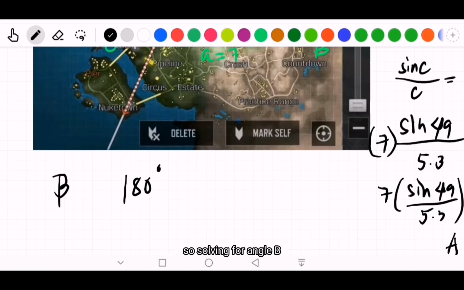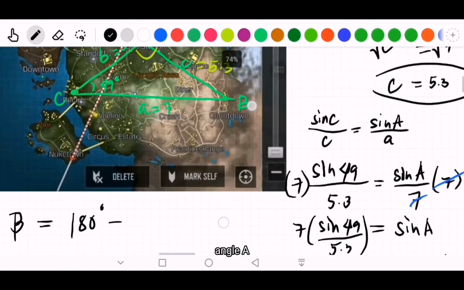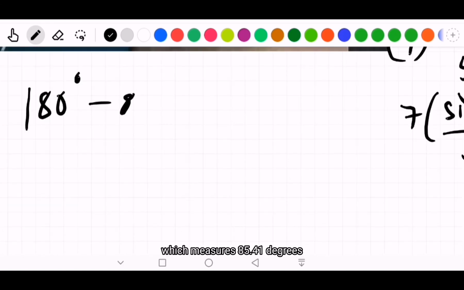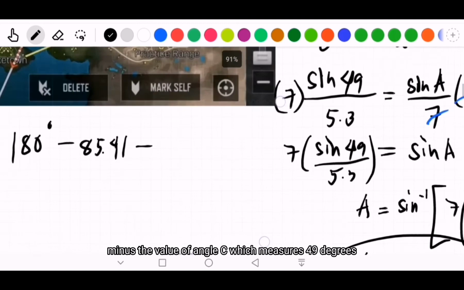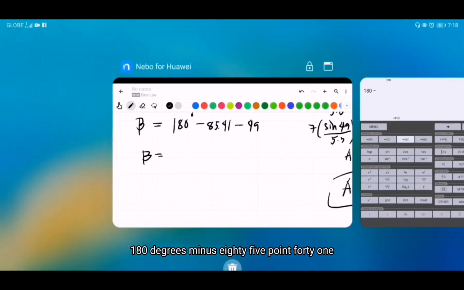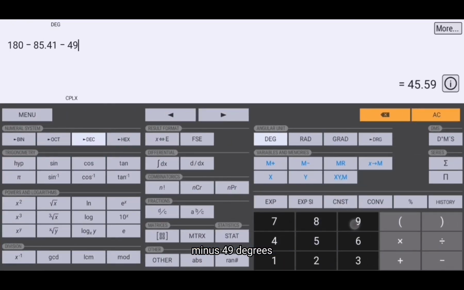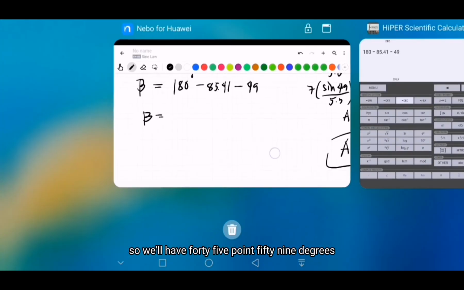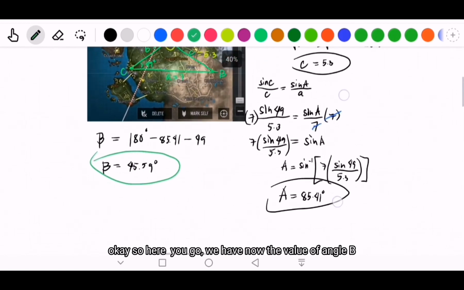So solving for angle B, we'll just subtract the value of angle A, which measures 85.41 degrees, and the value of angle C, which measures 49 degrees, from 180 degrees. So 180 degrees minus 85.41 minus 49 degrees, we'll have 45.59 degrees. Okay, so here you go. We have now the value of angle B.